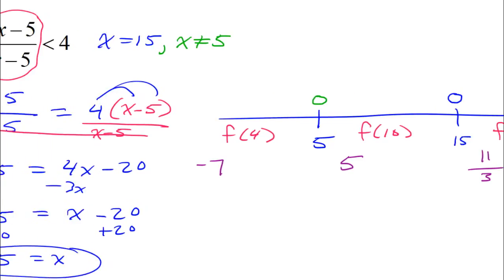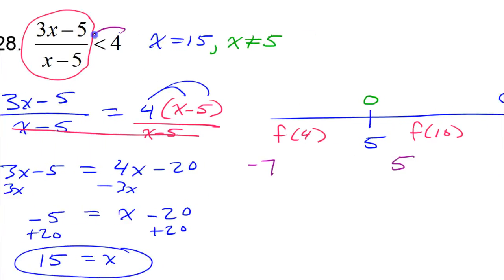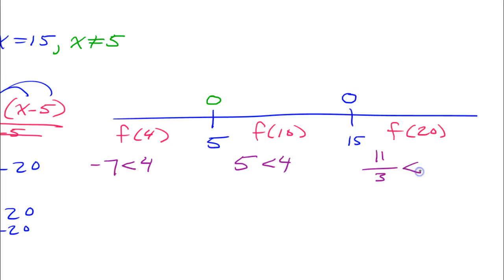Alright, in each case, I am comparing to the number 4. Specifically, is this less than 4? Is this less than 4? And is this less than 4? So, is negative 7 less than 4? Yes. That's a negative number. That's a positive number.